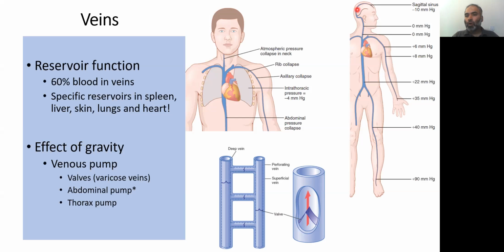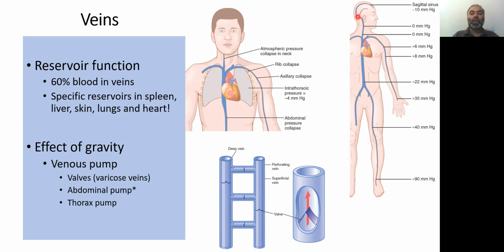And if you go to the topmost part of this venous system, the sagittal sinus, here you would have actually a suction pressure, a negative pressure, -10 or around that. Why is that? Why isn't it zero, just like the neck vein? Well, the neck vein is contained in the neck. The neck is composed of fascia, of muscles, and so on and so forth.